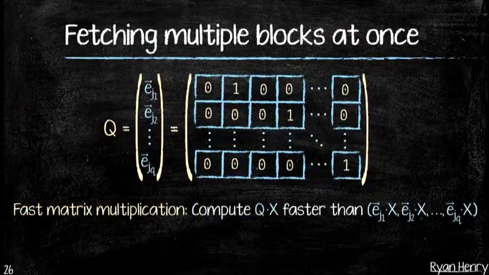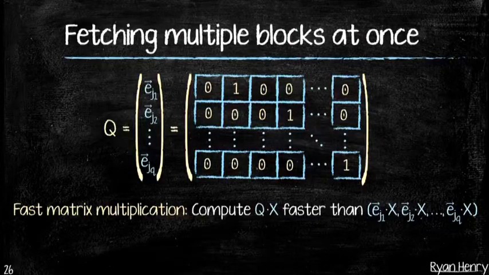And so they updated the C++ implementation of this basic protocol, not the stuff I've been talking about today. They updated it so that the server can accumulate a bunch of queries and then do a fast matrix multiplication. So that gives you a little bit of performance gain over processing each individually.